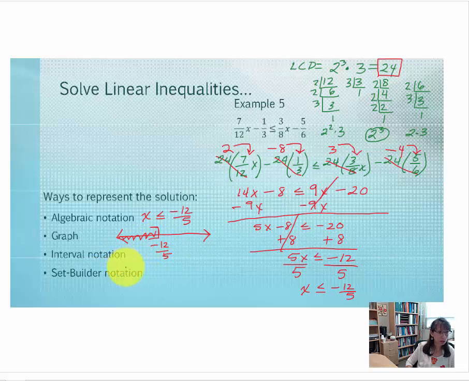So the interval notation is from negative infinity up into including the negative 12/5. So I do have a bracket. So notice I am just describing this shaded region. The set builder notation, the set of x such that x is less or equal to negative 12/5.